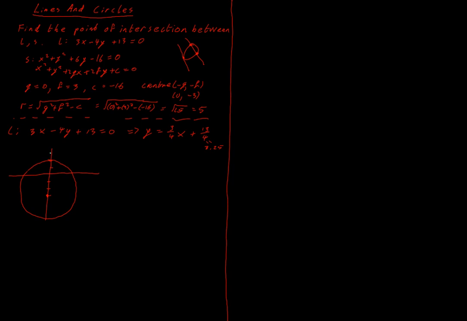So if I go up 1, 2, 3 and a bit, so I know that I have a line that is going to be going roughly in that direction, and I'm looking for this point of intersection here. So now I have a rough sketch of what it is I'm doing. Do I need to do that in the exam? No. Do I want to do it now to develop better intuition so I can do better in the exam? Yes.